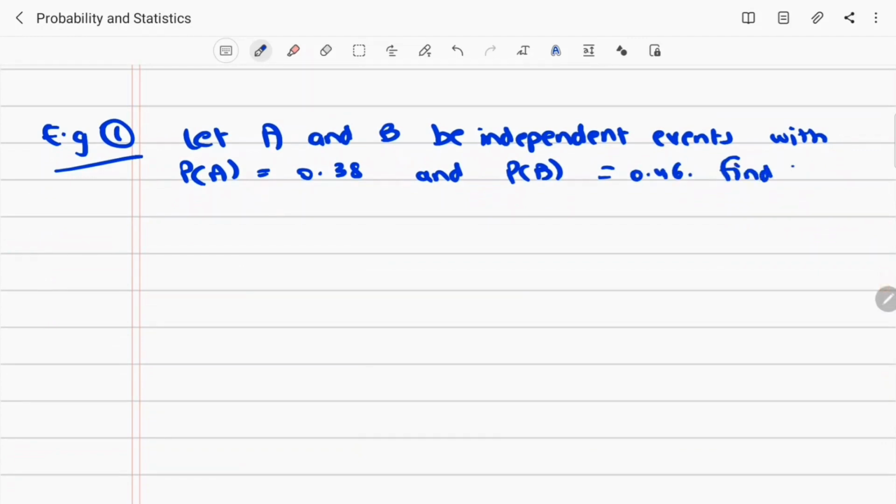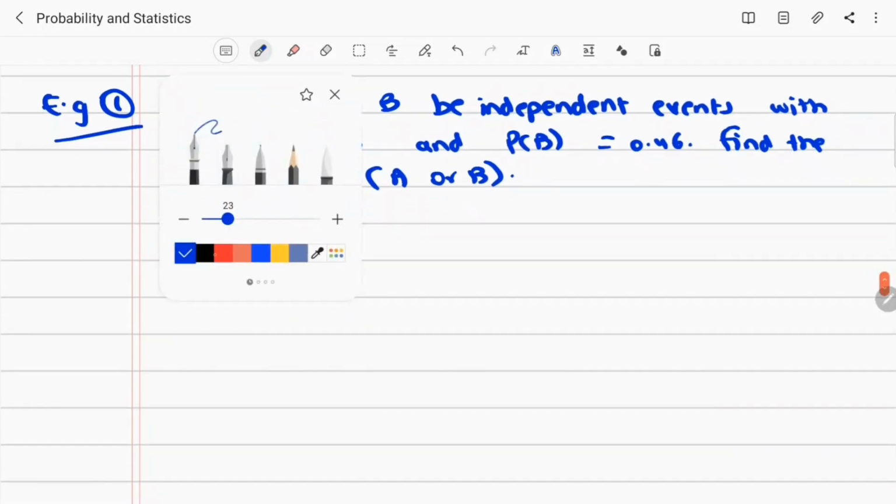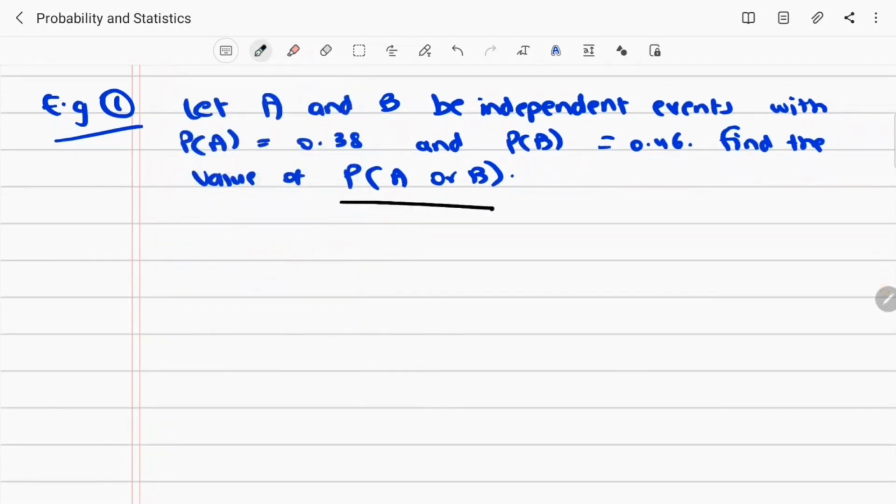The question is, find the value of probability of A or B. When we look at the question, we have probability of A or B, so we immediately know that we are looking for A union B. And we know that A and B are independent events.